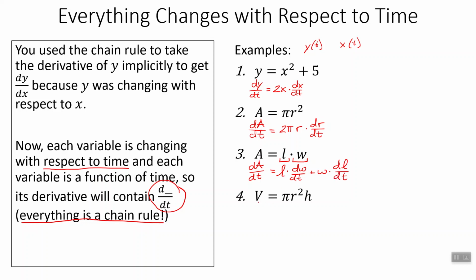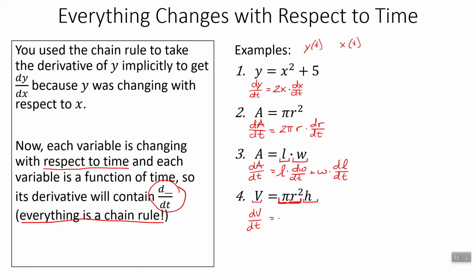So here again, volume equals pi r squared times h. This is the volume of a cylinder. R is a function of time, h is a function of time, pi is a constant, V is a function of time. So when we take the derivative, we get dV/dt equals, now we've got some choices. I'm going to group the pi with the r squared and say that this is my first term, and then the h is the second.